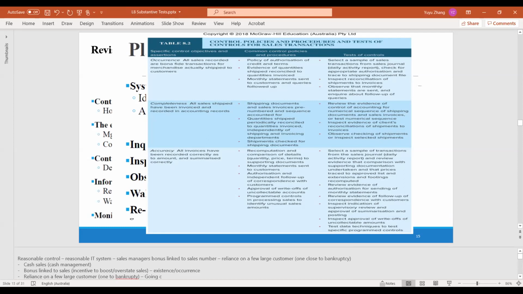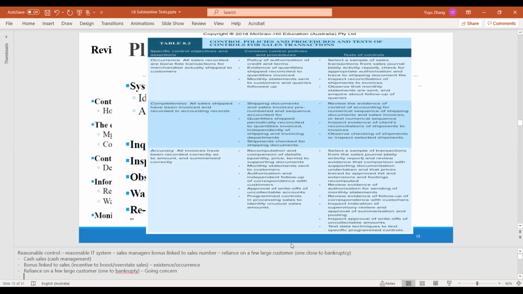And more importantly, if they lose major customers, the company itself would also have a survival risk. So going concern would also be in my mind. And also for sales, valuation would always be a concern for us.